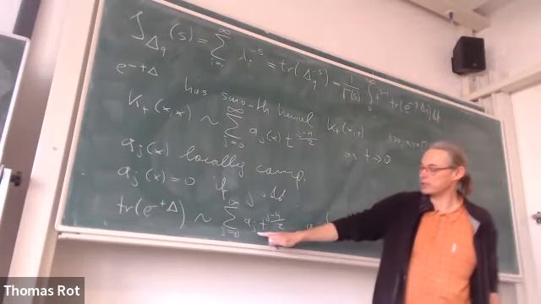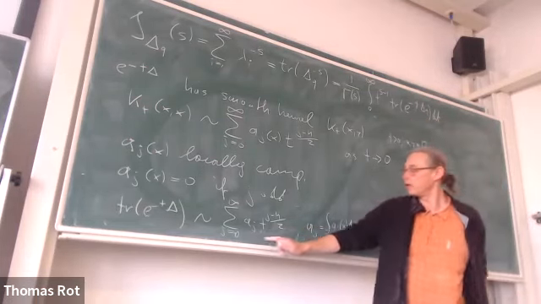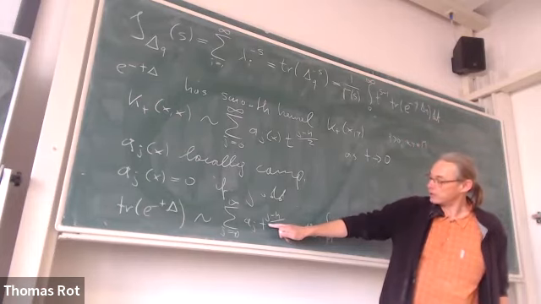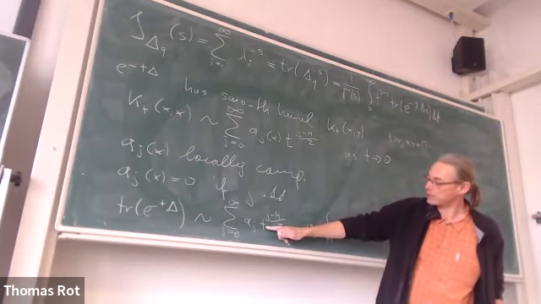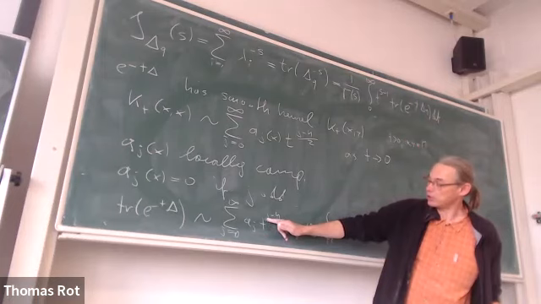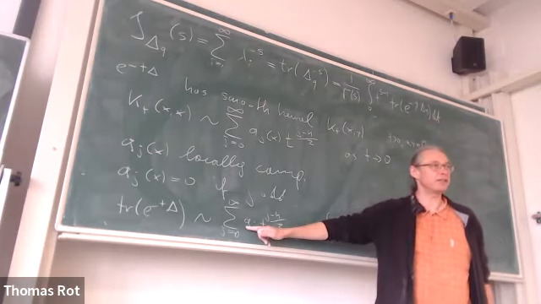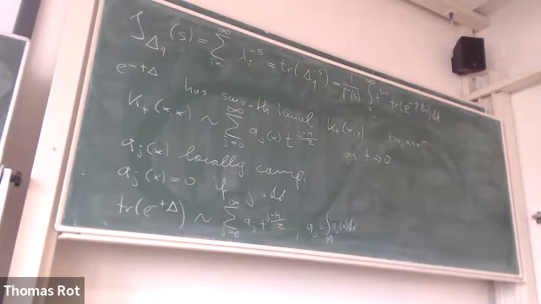There's a leading term, the most singular term in this expansion: the smallest power of t, the most singular power of t, is for j equals 0. That's the term a_0, the leading term. And this leading term gives you the Weyl law, how fast the number of eigenvalues of this operator will grow.